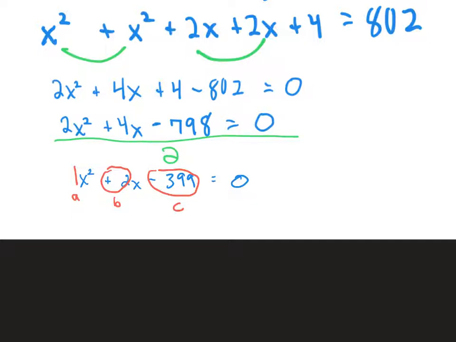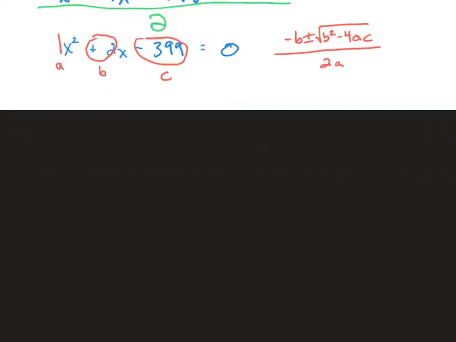So your quadratic formula equation, negative b plus or minus square root of b squared minus 4ac all over 2a. It might be a good idea to write that down on a sheet of paper so that you have that handy while you're going through this particular assignment. But b is going to be 2, a is 1, and c is negative 399. So let's do this.